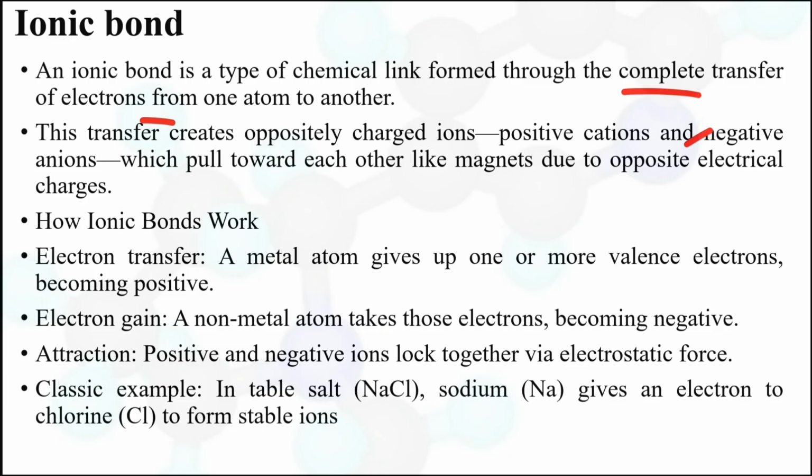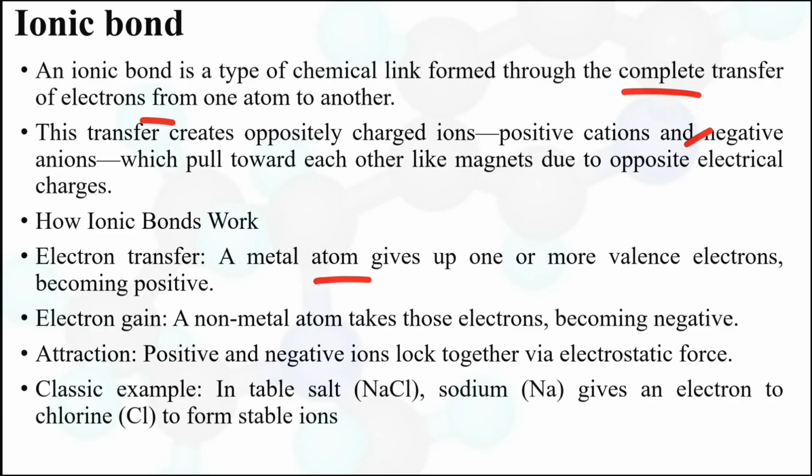So how does an ionic bond work? A metal atom gives off or donates one or more valence electrons and becomes positive. So here the metal atom donates the electron and becomes positive.